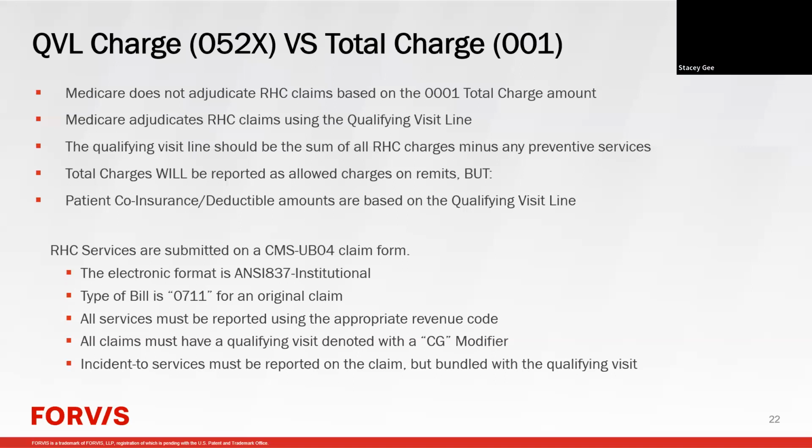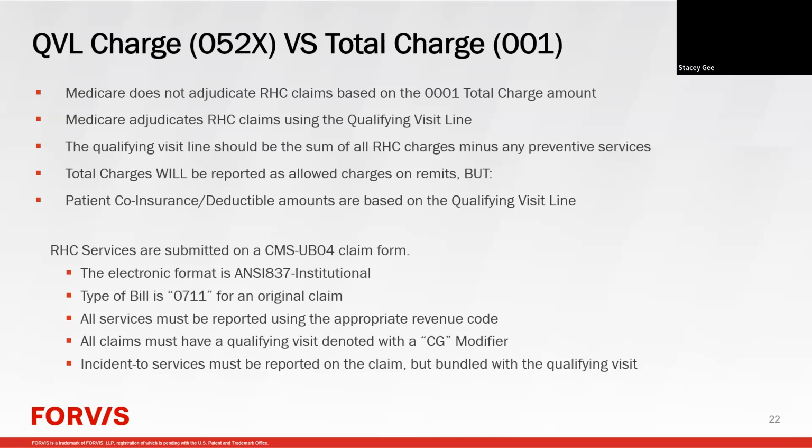So the qualifying visit line should be the sum of all of those charges minus any preventive services. I know this is a lot to take in, but I've got some examples that we're going to talk through in just a minute or two. So total charges are going to be reported as allowed charges on the remits, but the patient coinsurance and deductible amounts are based on that qualifying visit line.